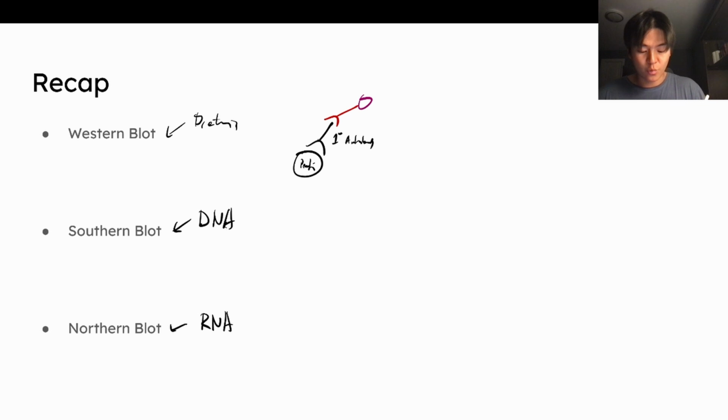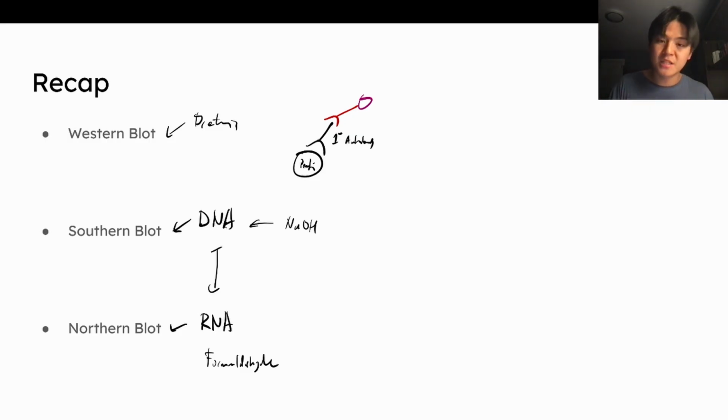And a big difference between these two is that RNA has to be treated with formaldehyde. Remember, formaldehyde. And this denatures RNA to prevent them from forming secondary structures, whereas DNA doesn't do that. DNA, remember, we treat it with NaOH to break those H bonds between the base pairs to form single-stranded DNA strands.